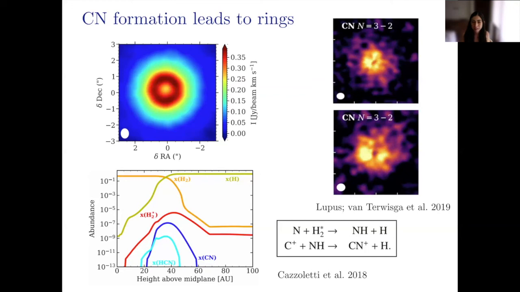It means that CN is really coming from higher layers in the disk compared to HCN. So they will be coming from different places. And this could explain why we see different fractionation levels in CN and HCN.